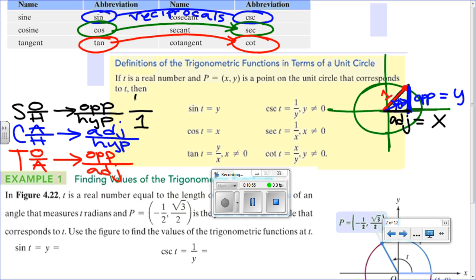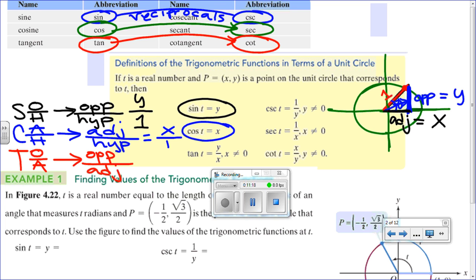So the opposite side is y over 1, which is just y. Now for cosine, we have the adjacent side. In this case, it will be the x. And the hypotenuse for the unit circle is 1. So x over 1 is just x.